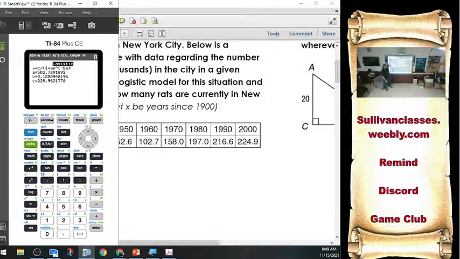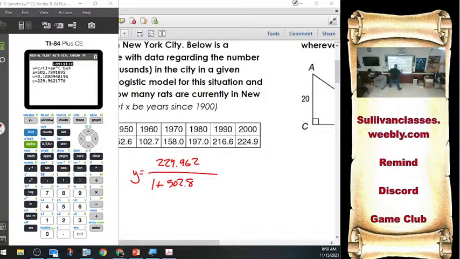So, write down your model. I have y is 229.962 over 1 plus 502.789 e to the negative 0.1 x, because rounding is a thing.